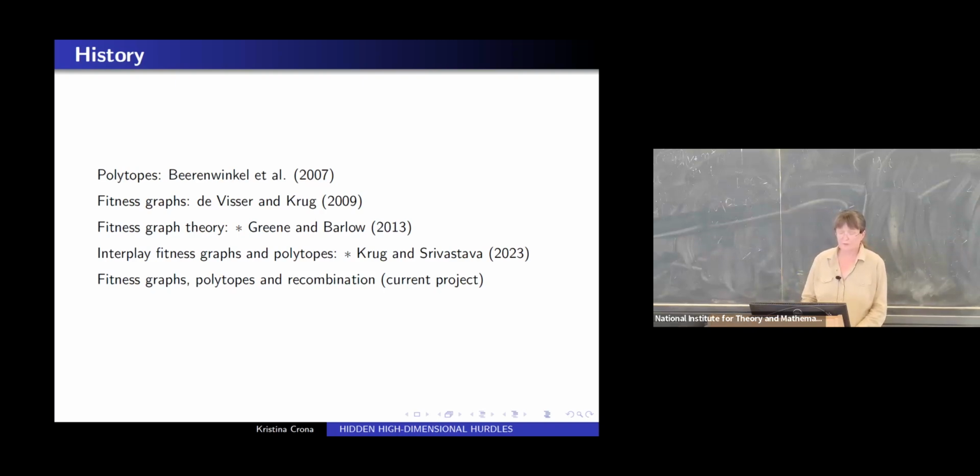Now, the first paper that works with this polytope perspective is from Beerenwinkel, Pachter, and Sturmfels, 2007, I think. Fitness graphs, you already saw; maybe the first fitness graph came out before I did mathematical biology. I was still doing commutative algebra in those days, by De Visser and Krug.